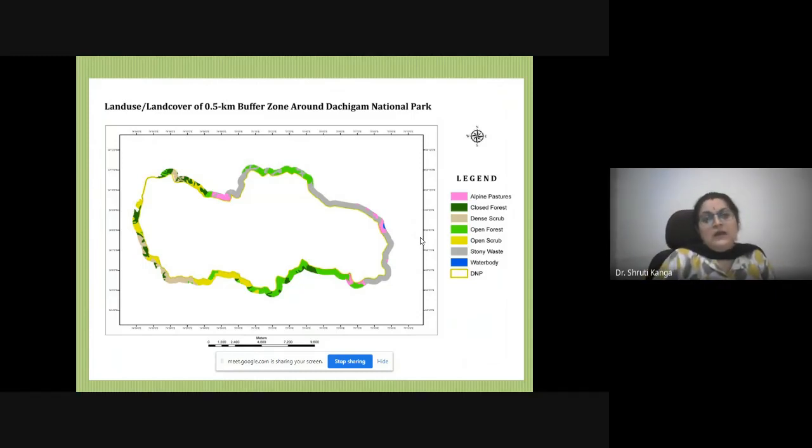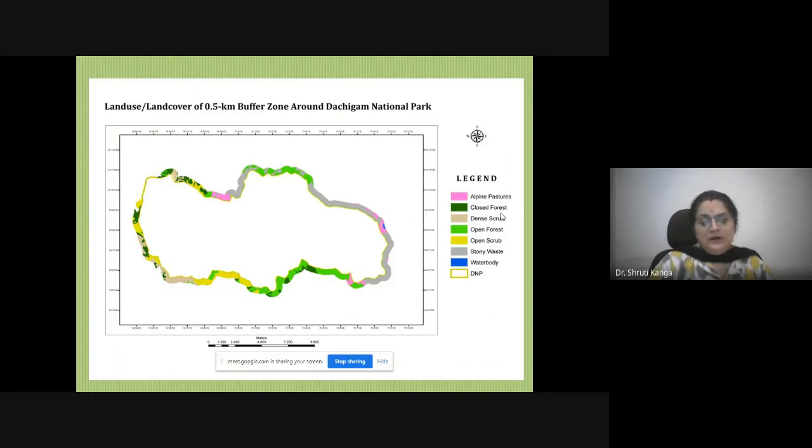Then the land use land cover class was extracted for each buffer, and the different land use land cover classes were calculated. You see here, for the first buffer, the land use land cover classes found include pasture land, closed forest, dense scrub, open forest, open scrub, stony waste, water bodies, and the Dachigam National Park boundary along with that.